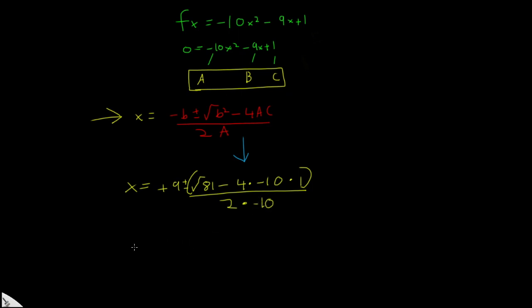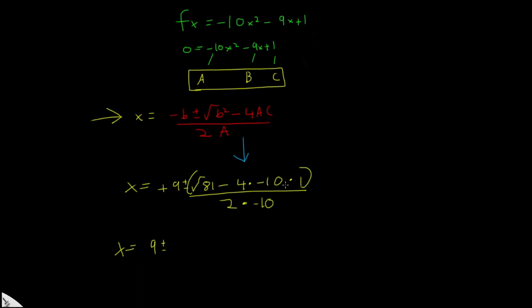And now all we have to do is solve this. So x is equal to 9 plus or minus square root of 81 minus 4 times minus 10 times 1. So minus 4 times minus 10 is minus 40.